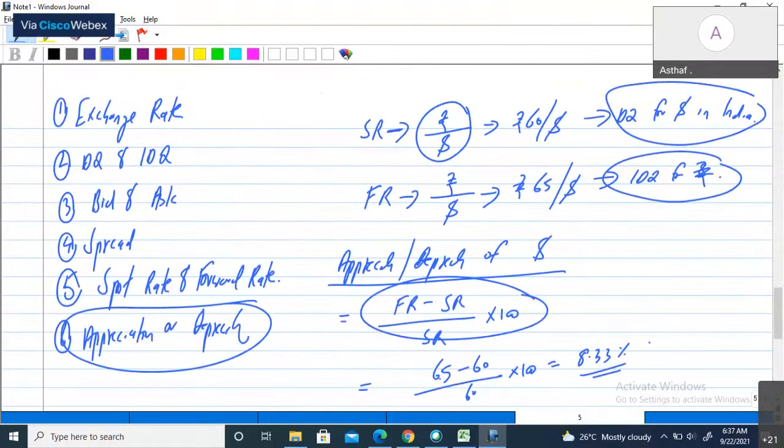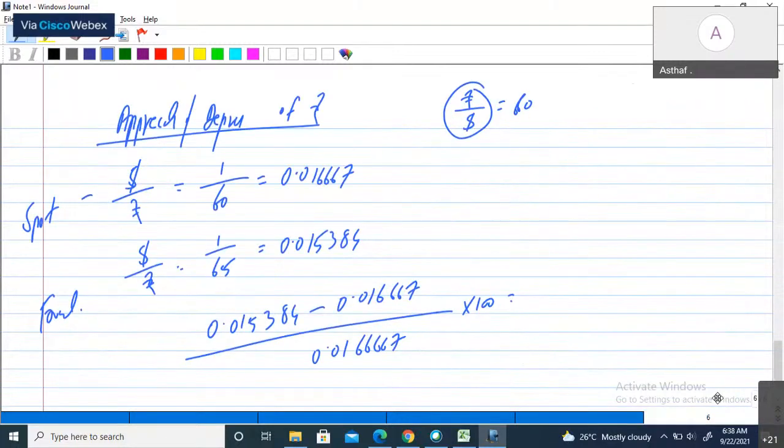See here, you have a negative. Let us see what will be the number.